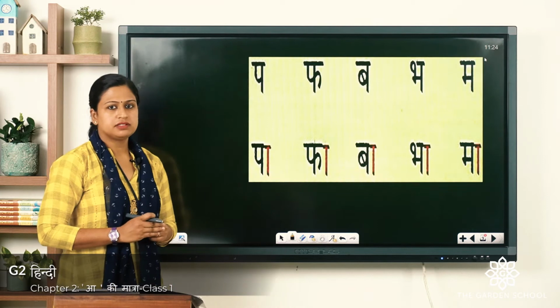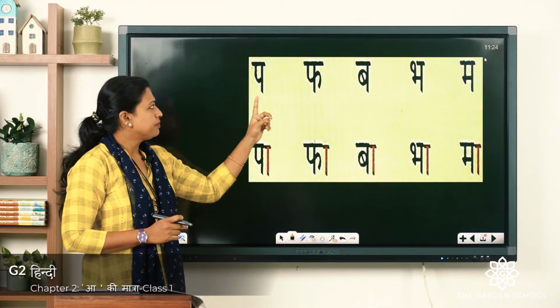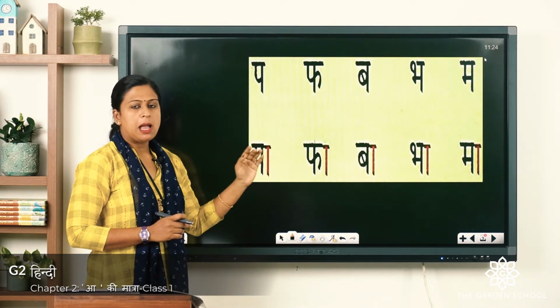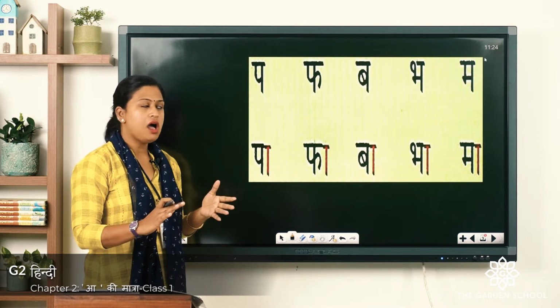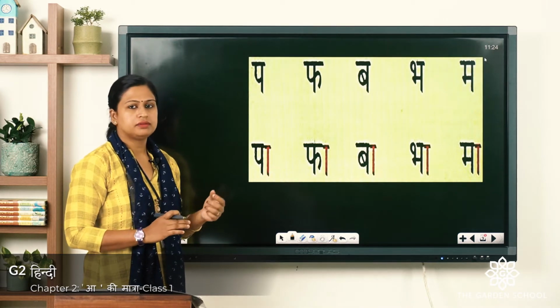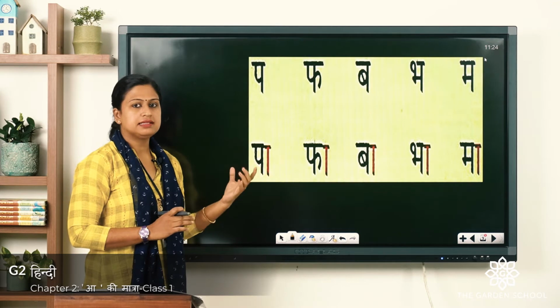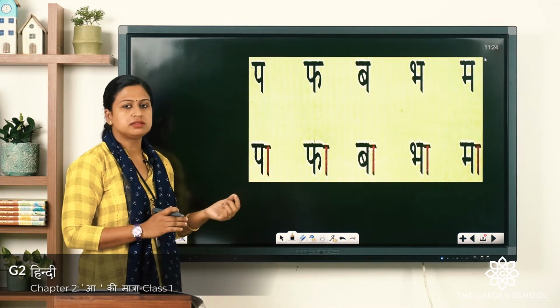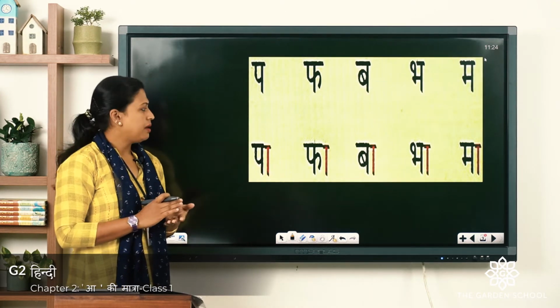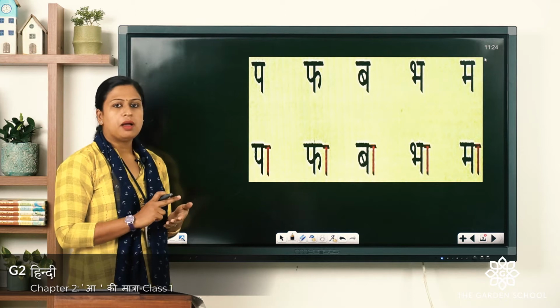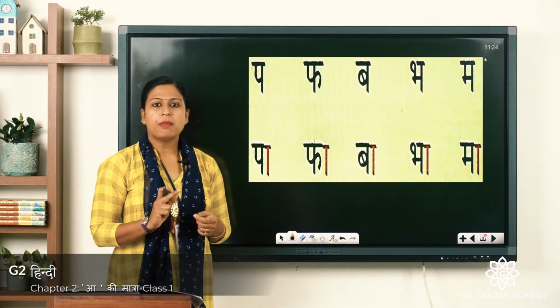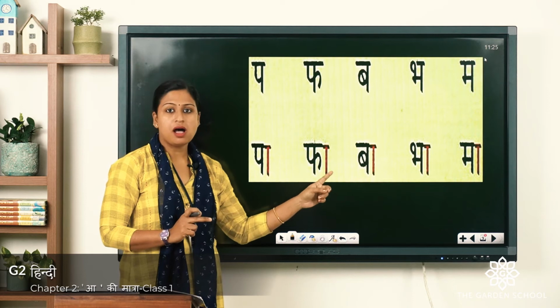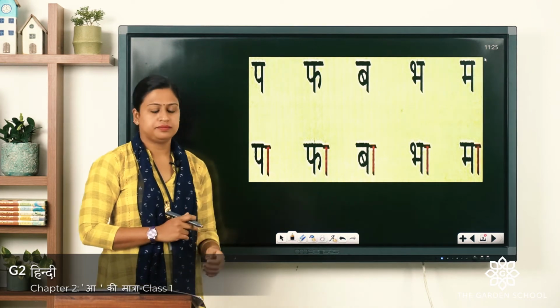Next set of consonants, pa, pha, ba, bha, ma. When we add this Aa symbol, it sounds paa, phaa, baa, bhaa, maa.